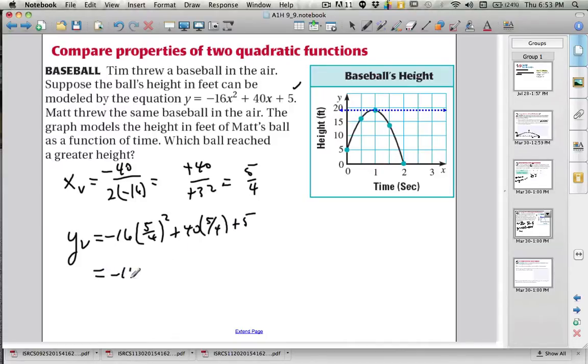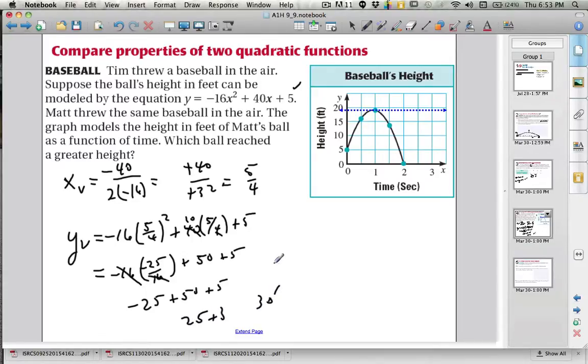So this is going to be negative 16 times 25/16 plus, let's see, 4 goes into 40 and leaves 10, 50, plus 5. So negative 16 times 25/16, that's negative 25. So I'll have negative 25 plus 50 plus 5. So this will be 25 plus 5, which is 30 feet.